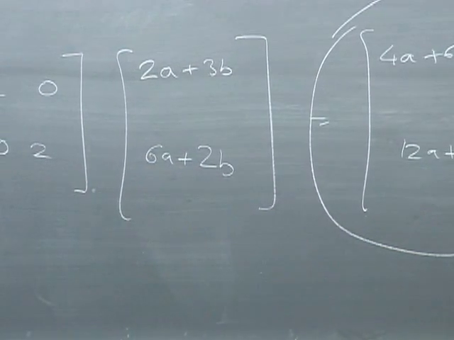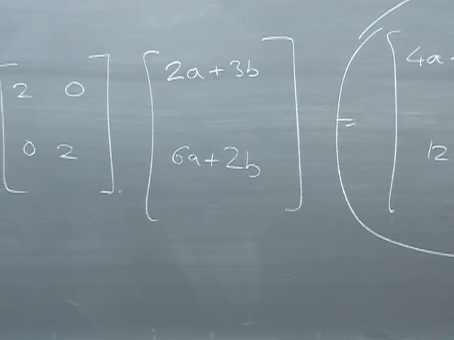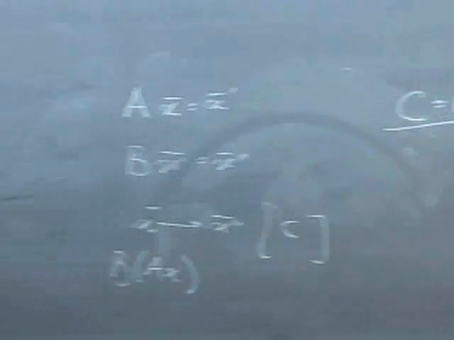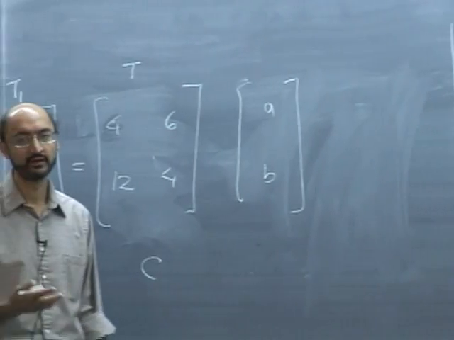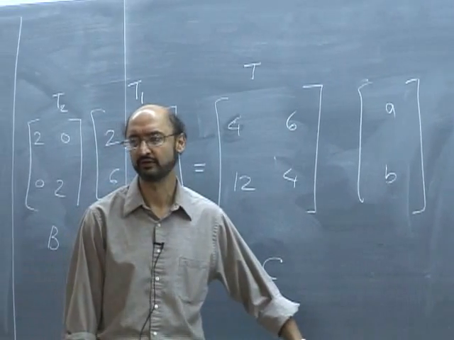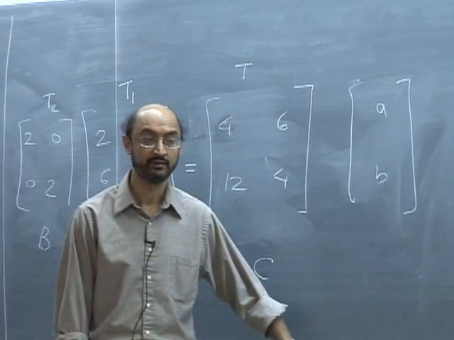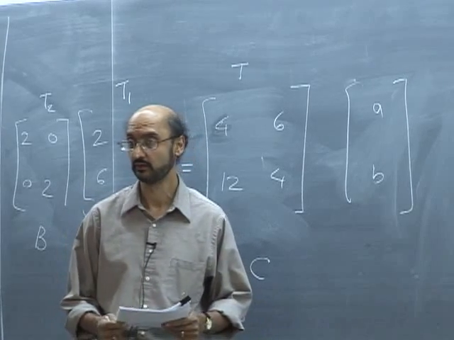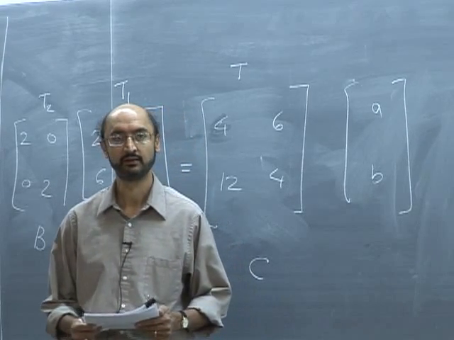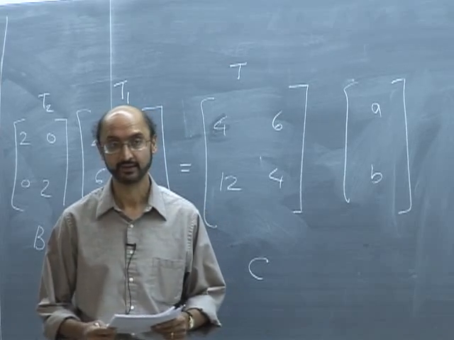And in general, you can prove it for any transformation of anything. It's just a very simple exercise to show that, and it just follows from the definition of matrix multiplication. Okay? So any questions about that?